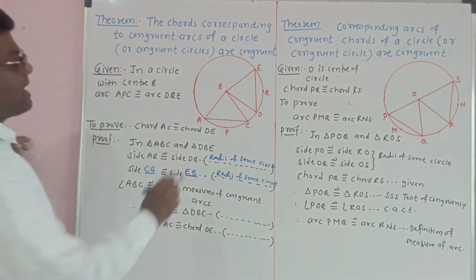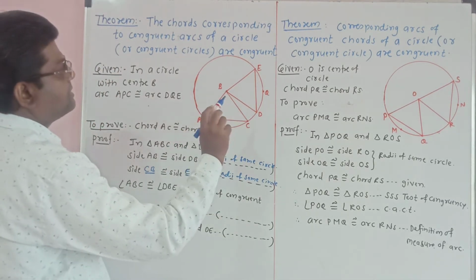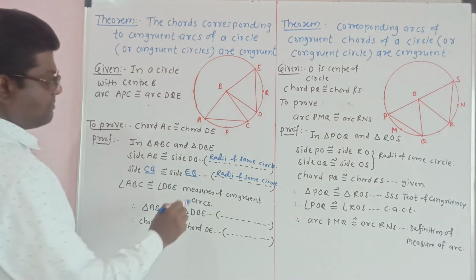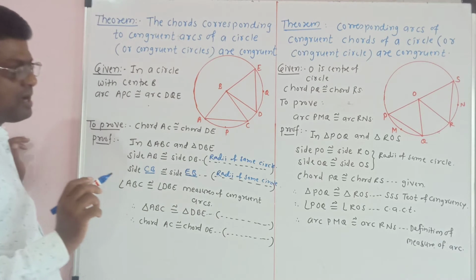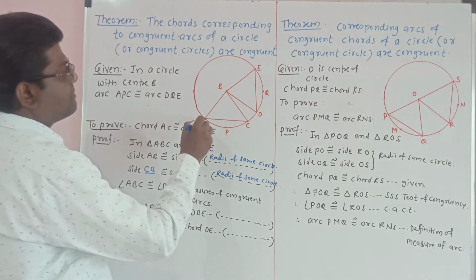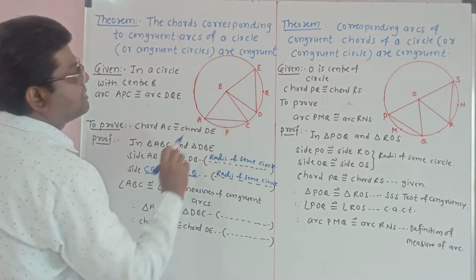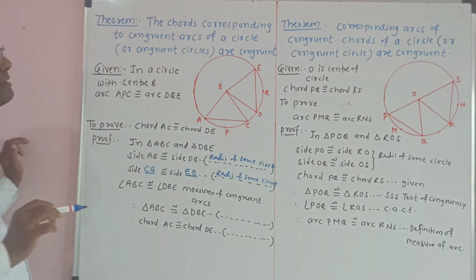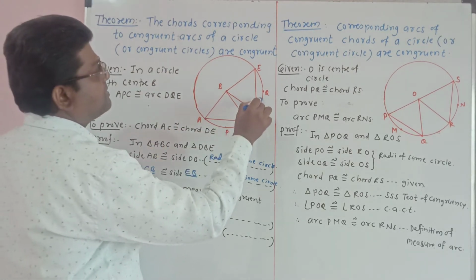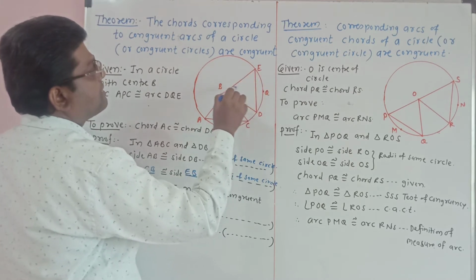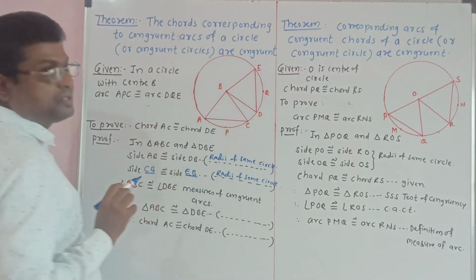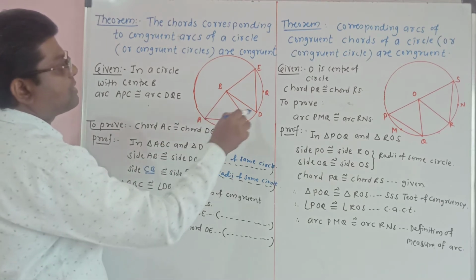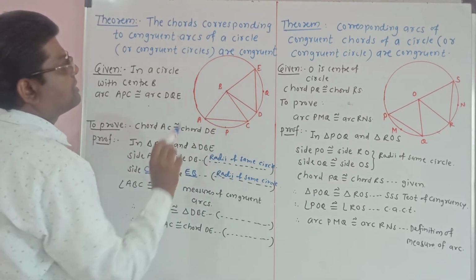Now angle ABC is congruent to angle DBE, by measures of congruent arcs. The measure of this arc is equal to the measure of this central angle, and the measure of this arc DQE is equal to the measure of this central angle. So arc APC is congruent to arc DQE.